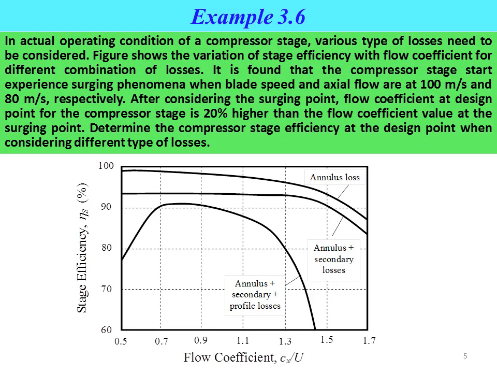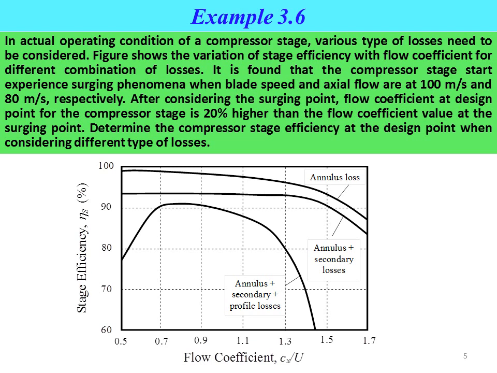Example 3.6. In the actual operating condition of a compressor stage, various types of losses need to be considered. The figure shows the variation of stage efficiency with flow coefficient for different combinations of losses. It is found that the compressor stage experiences the surging phenomena when blade speed and axial flow are at 100 meters per second and 80 meters per second respectively.